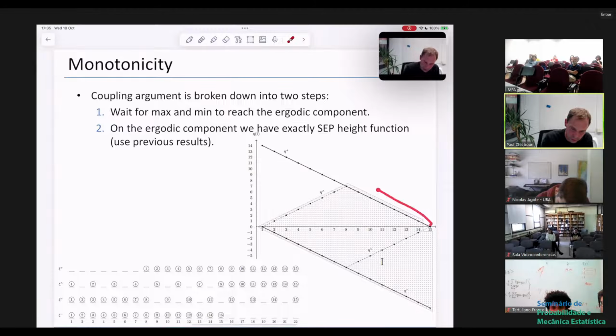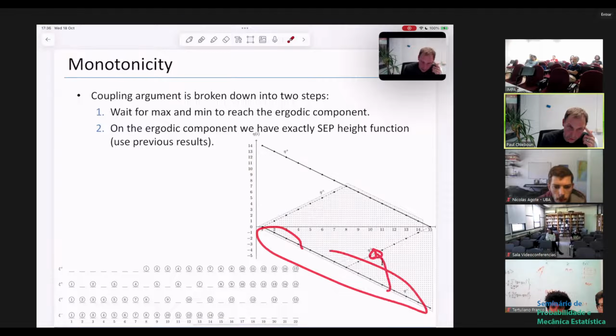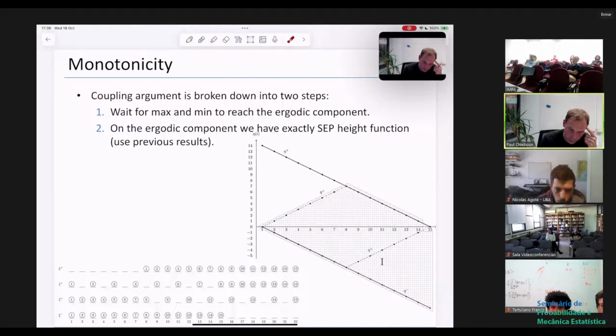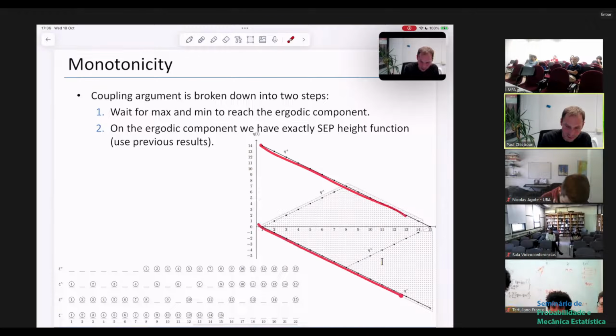We first look at how long it takes for the maximum height function to reach the ergodic component and the minimum configuration to reach the ergodic component. And then we can look at the amount of time it takes to couple the maximum configuration and minimum configuration on the ergodic component. So as I said at the beginning, it's essentially a 2-step argument. First, how long does it take for these two to reach the ergodic component? And then how long does it take for these to couple?